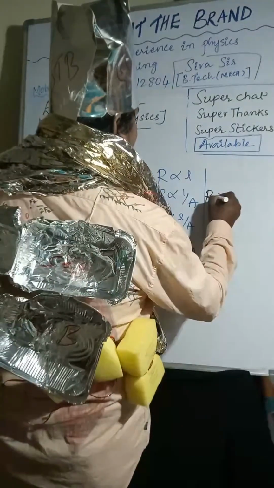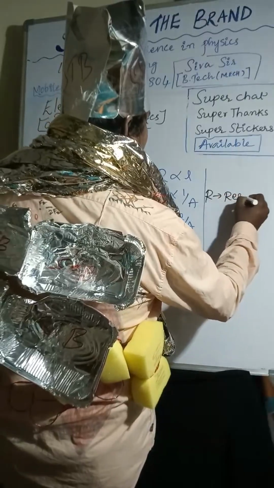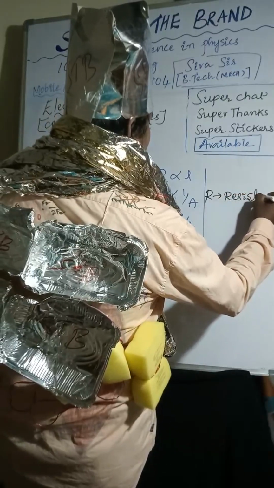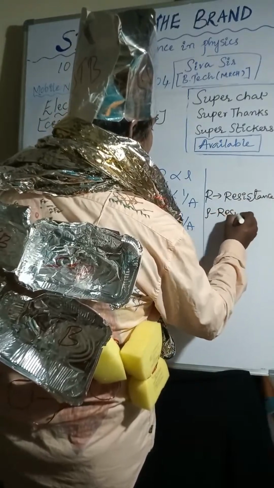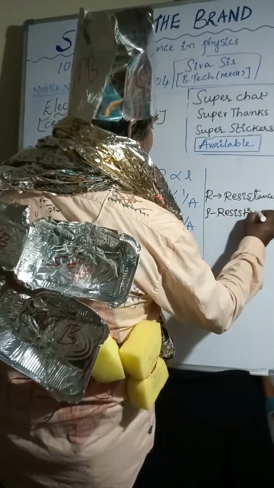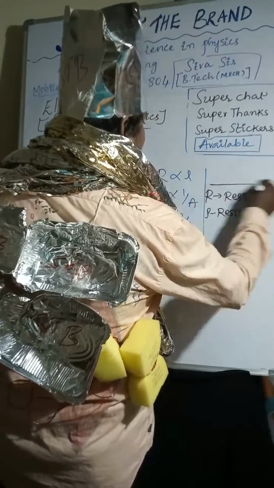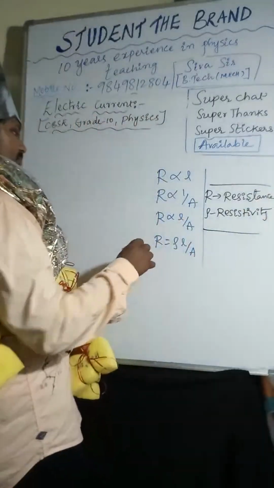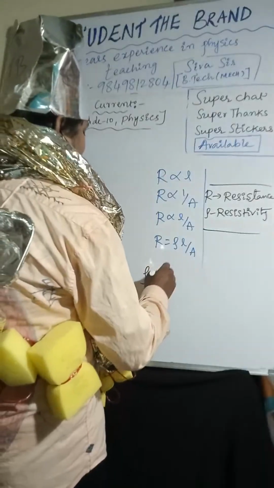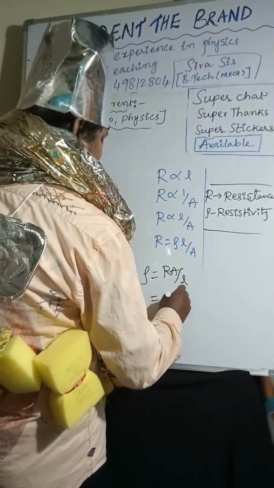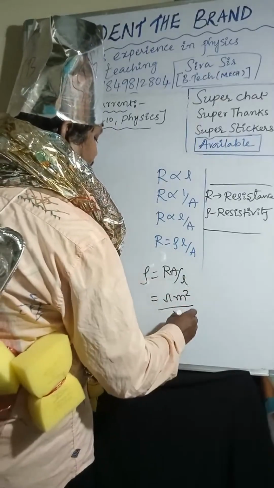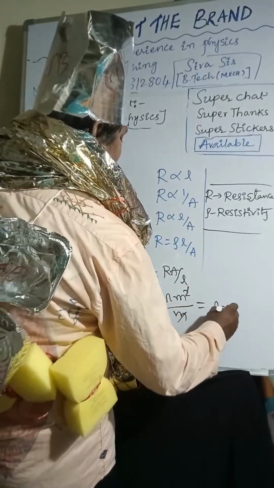Rho is resistivity. Rho equal to RA by L. Ohm meter square by meter, the meter square gets cancelled, and you will get ohm meter.